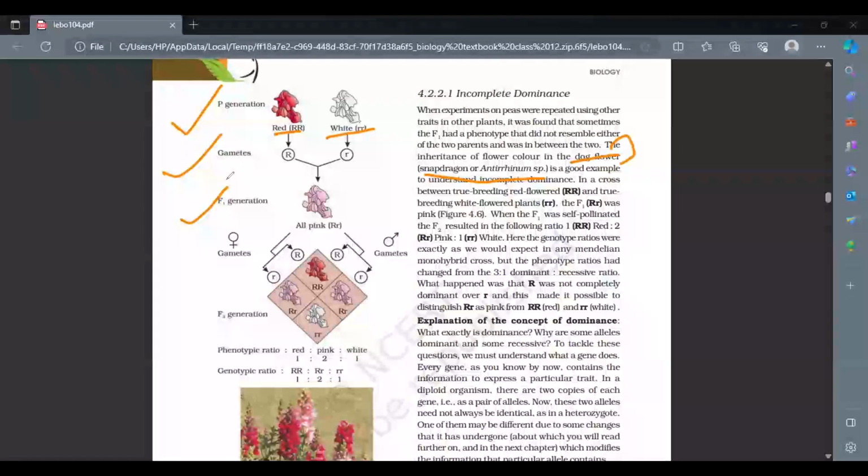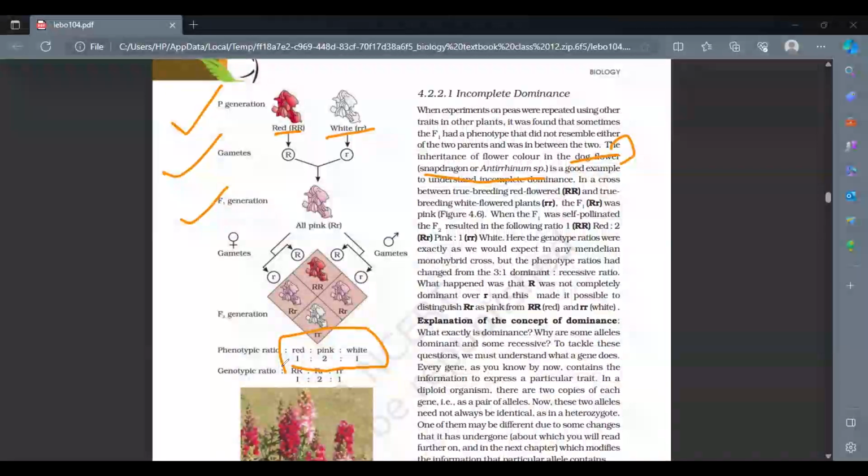And then when you try to get the F2 generation, okay, again, the phenotypic and the genotypic ratios are slightly different. In this case, instead of getting a phenotypic ratio of 3:1, you get a new ratio, and that is 1:2:1. Right? So what is this 1:2:1? This is the phenotypic ratio of a plant where actually a new combination has emerged, and this new combination is related to the process of incomplete dominance.